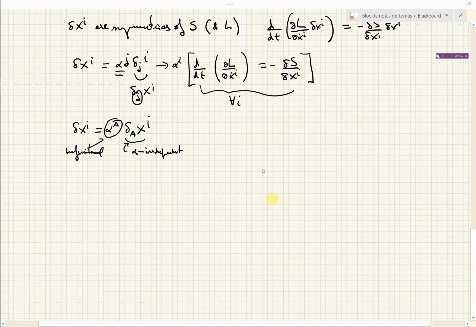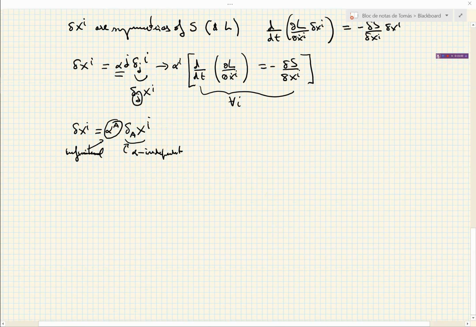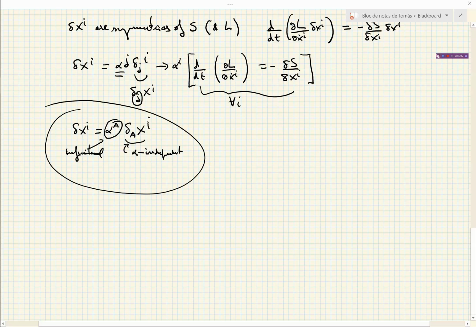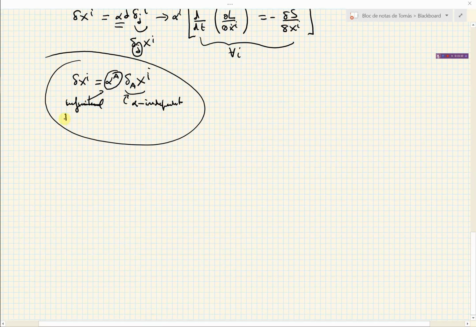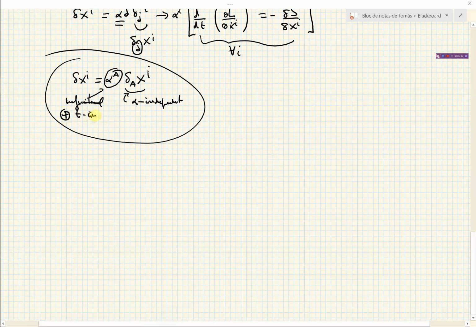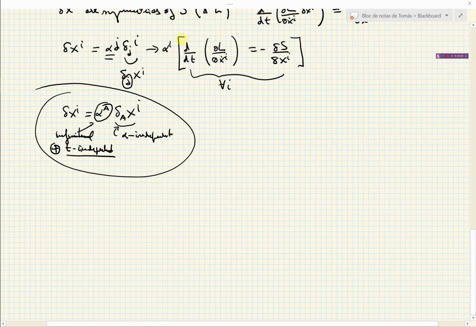So in this general case, and this is the general case, you have some alpha a's infinitesimal and also t independent. This is also important, they are constant. Okay, you go through the same reasoning.